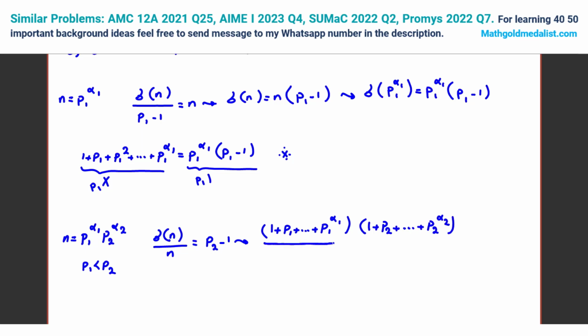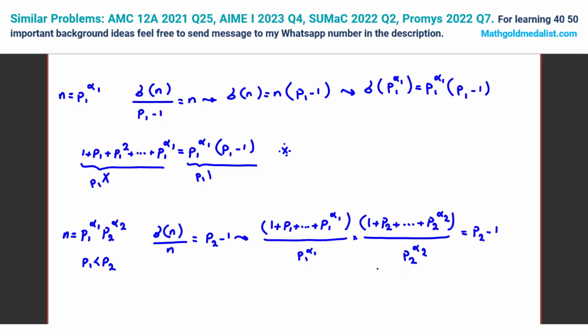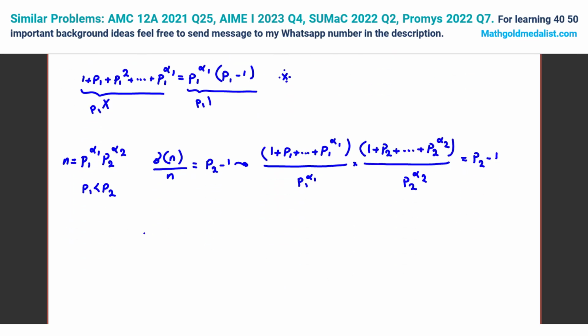And for n, we write p1 to the alpha 1 for the first part and p2 to the alpha 2 for the second part, and it is equal to p2 minus 1. Now here we can divide, so p1 to the alpha 1 over p1 to the alpha 1 is 1, and the next terms are 1 over p1, and if you write in reverse order, up to 1 over p1 to the alpha 1.